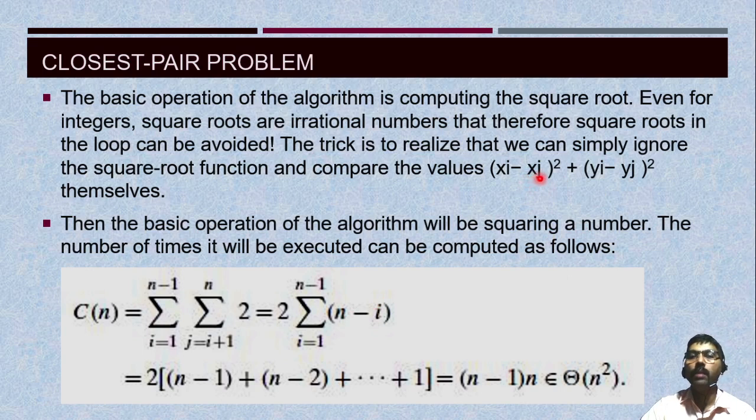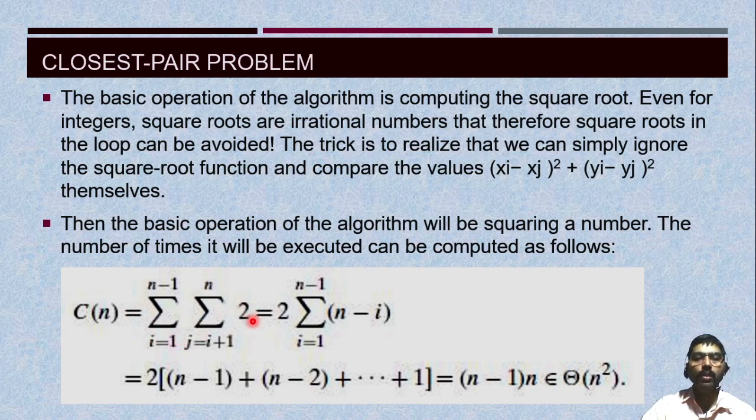(x of i minus x of j) square plus (y of i minus y of j) square is our basic operation. When you apply the summation formula, we have it like this. This is for the outer for loop, and this is for the inner for loop.